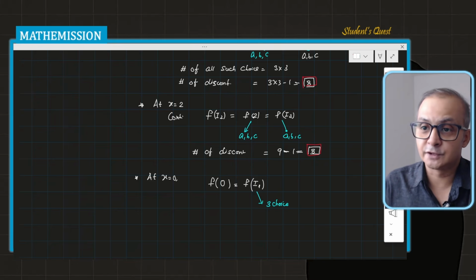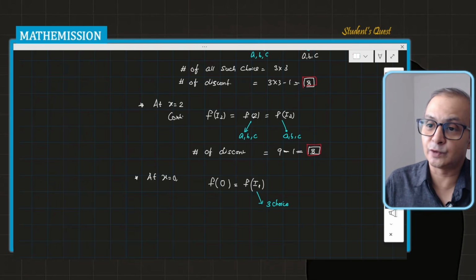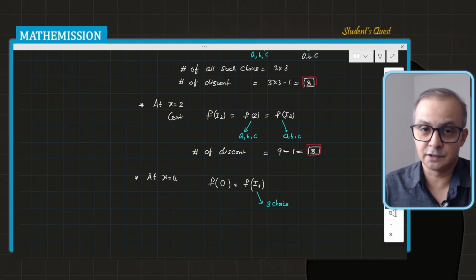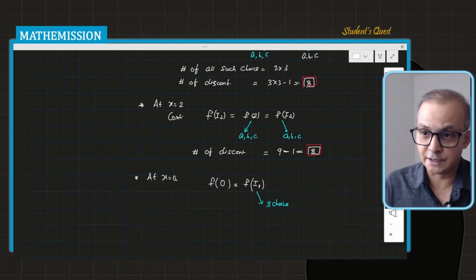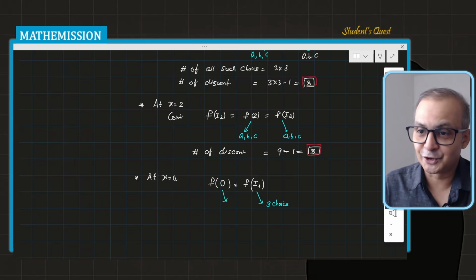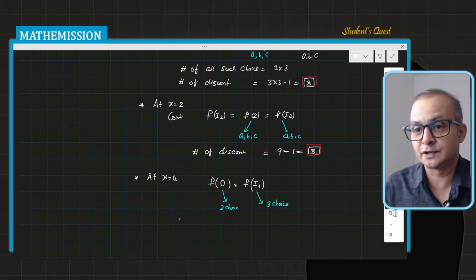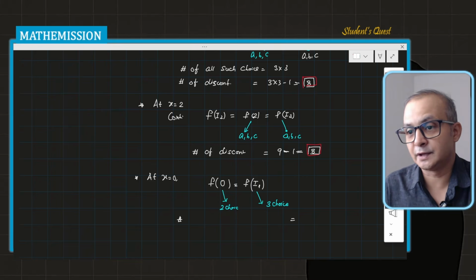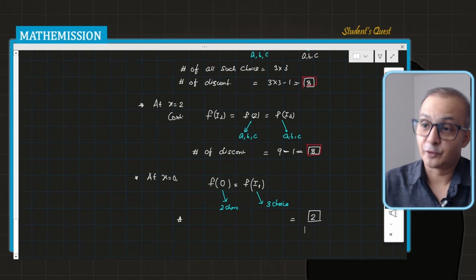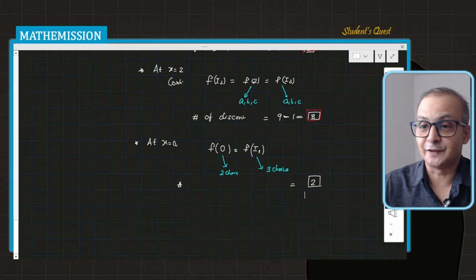So if f of 0 will also take any of the 3 choices that f of I1 has taken, the function will become continuous at 0. That I don't need. It means I have to give actually this f of 0 2 choices. So in this case, the number of discontinuity at 0 is going to be in the 2 cases, provided f of I2 is fixed.